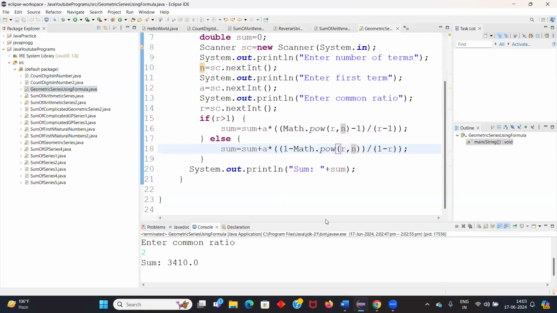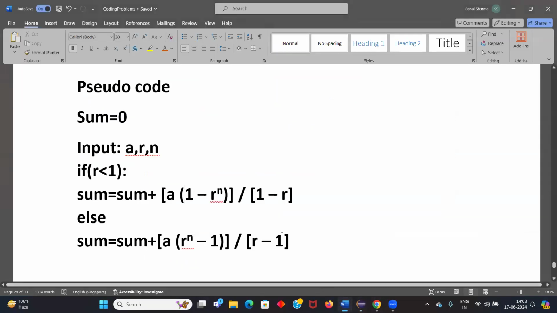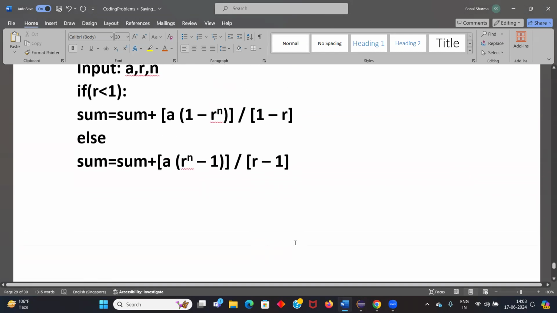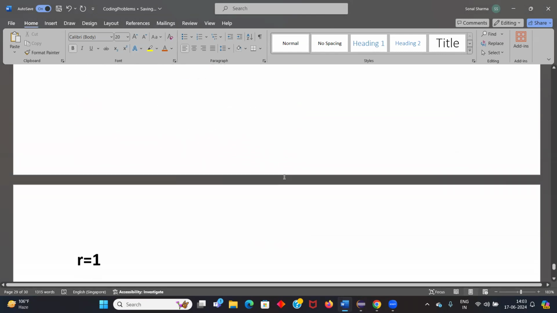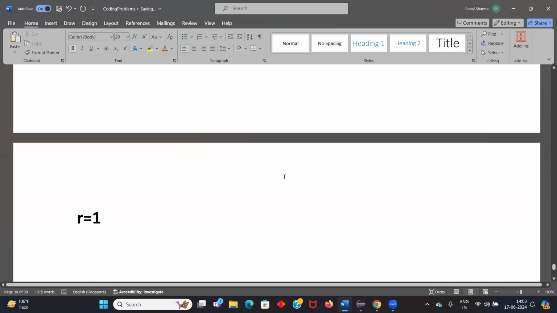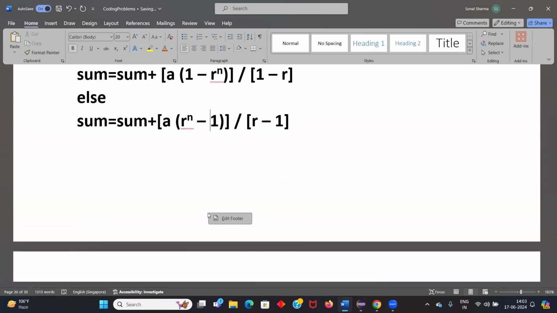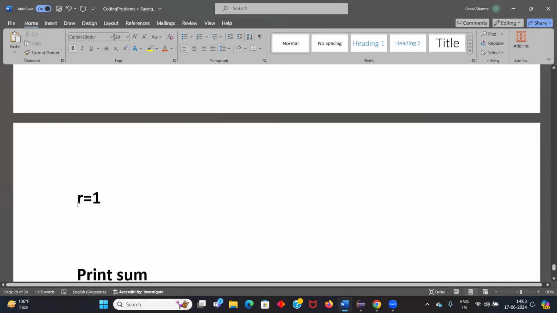And also you can put one more edge case here. When our r is equal to 1, suppose when my r is 1, how will my series be?